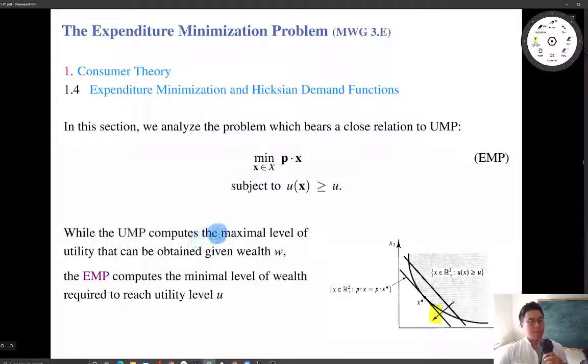The UMP computes the maximum level of utility that can be obtained given wealth W. On the other hand, the EMP computes the minimum level of wealth required to reach utility level U. Once again, the basic idea is switching the constraint and the objective function, and that is often referred to as a dual problem in mathematics. There is something about the dual structure: the EMP can be thought of as a dual problem to the UMP. You can learn way more by taking a math econ class in graduate school.